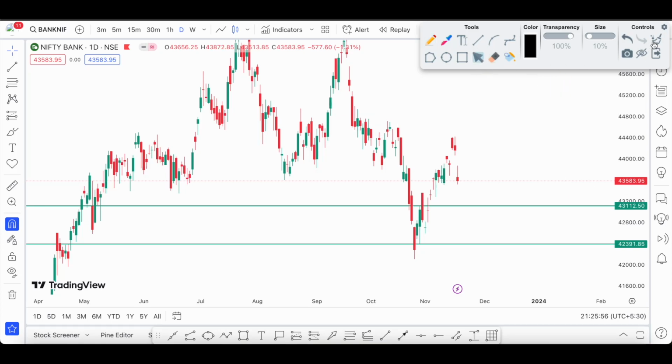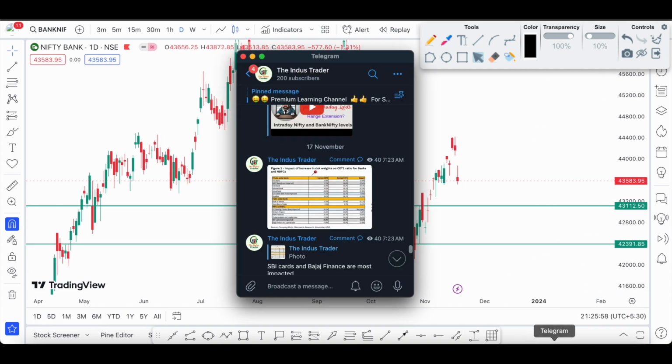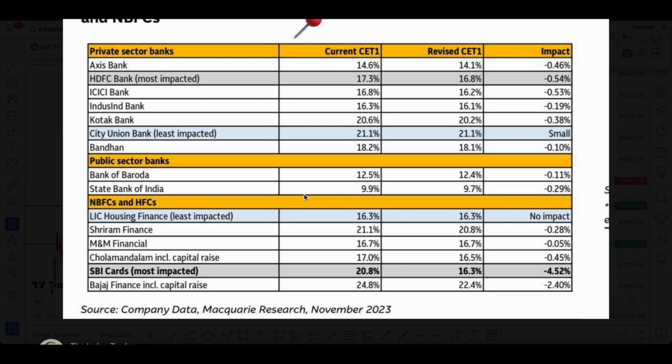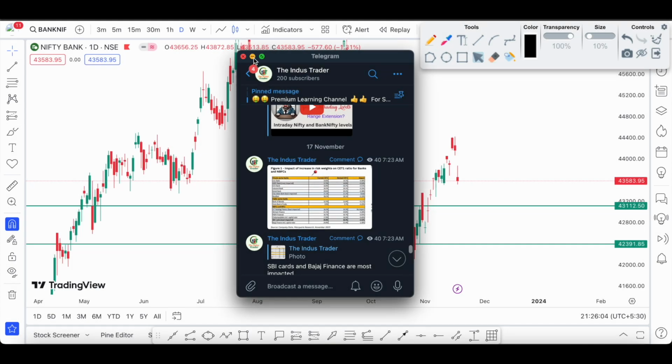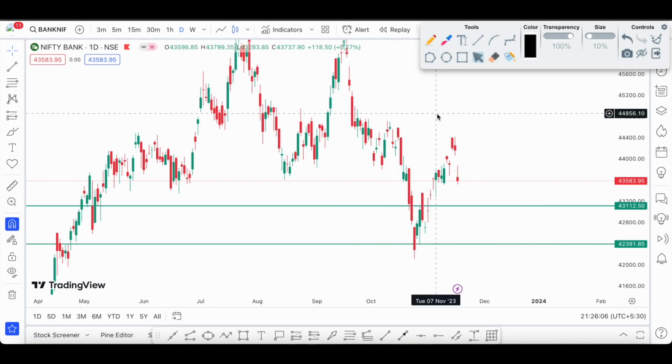For clearer, more detailed information, I would suggest you go with this list. This list is going to help you out. Now, what can we expect in the coming session? I am expecting a little more correction in Bank Nifty.